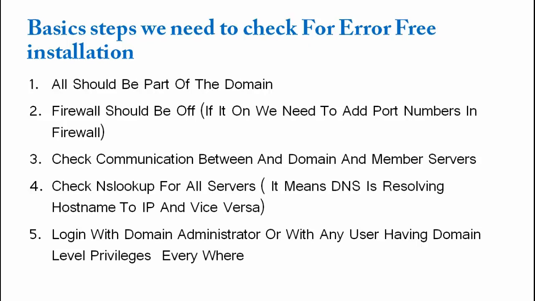So turning the firewall off is recommended. Check the communication between my domain and member servers, and check nslookup for all servers, so that no DNS errors are there, with IP to name and name to IP resolving. And log in to the domain with the administrator or any user with domain privileges everywhere during installation, right?